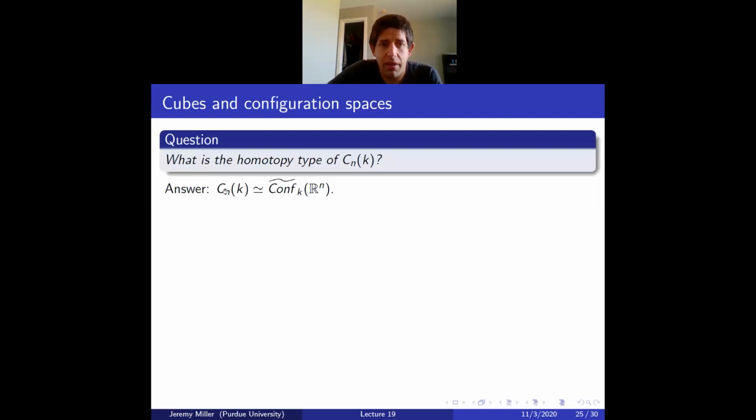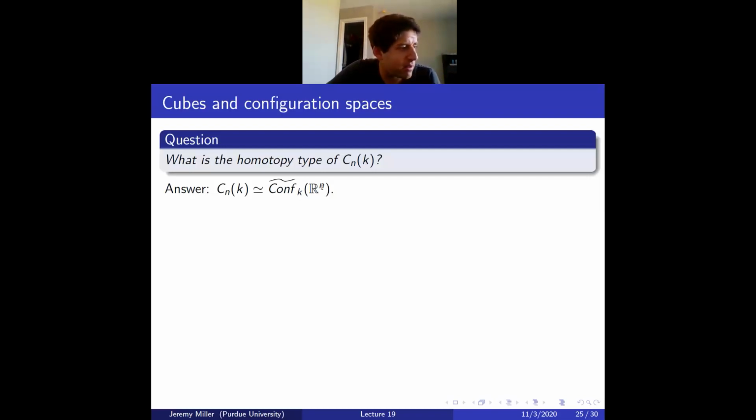This is the homotopy type of the ordered configuration space of k points in R^n. The cubes are ordered and they have sizes, but how big the cube is is a contractible amount of data. So up to homotopy, it's just where the centers of the cubes are and the order. So it's equivalent to this configuration space.